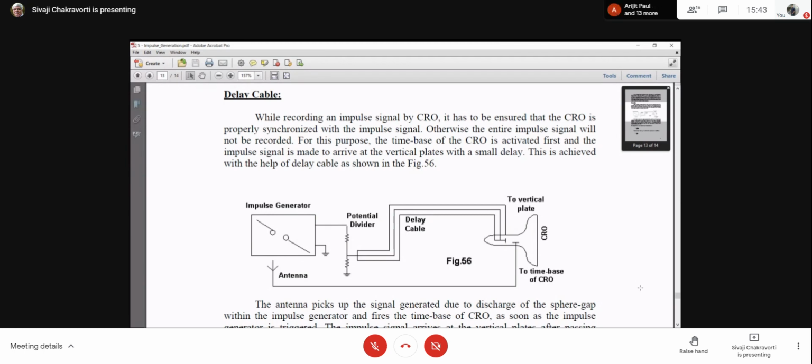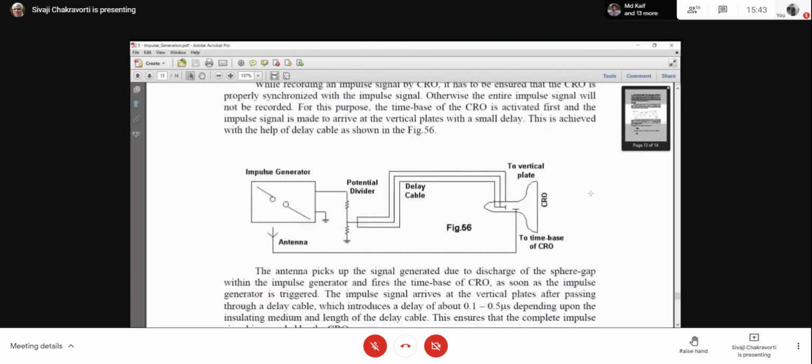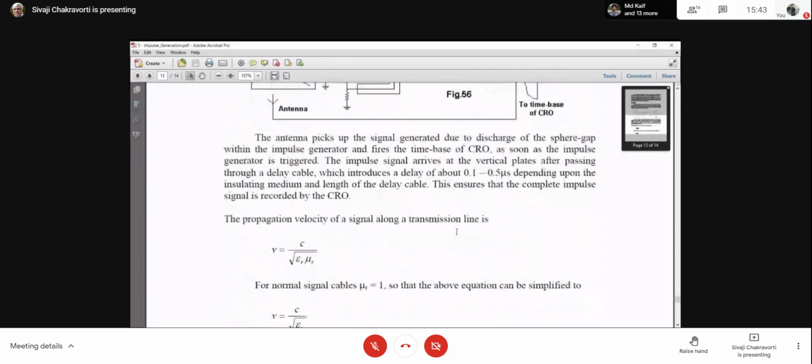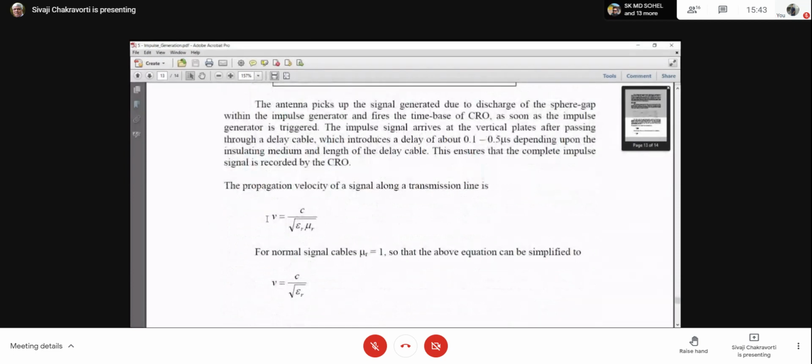But in spite of all that, I have already told you that this exact synchronization is really difficult. Sometimes this zero is very difficult to get, which I have earlier explained. Then you can ask me, how do we generate this delay? Well, this is also not very difficult. We all know that the propagation velocity of a signal along a transmission line is given by this formula: velocity of light divided by square root of epsilon r and mu r.